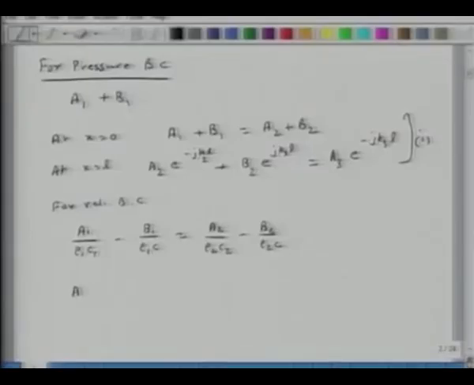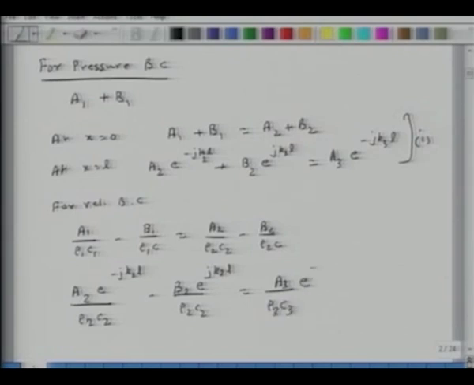And then the other boundary condition at x equals L is A2 e^(minus j k2 L) over rho 2 C2 minus B2 e^(j k2 L) over rho 2 C2 equals the velocity on the other side of the layer, A3 over rho 3 C3 e^(minus j k3 L).